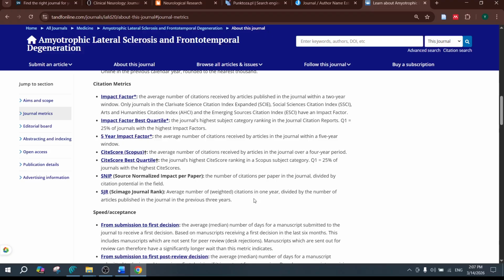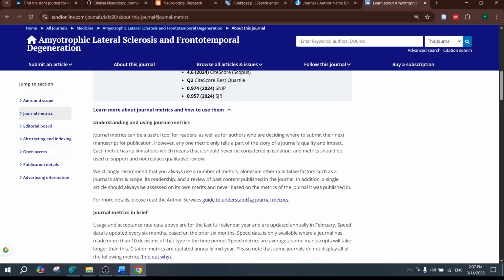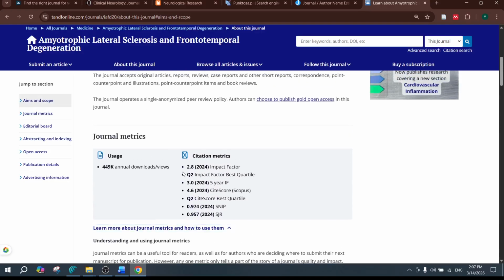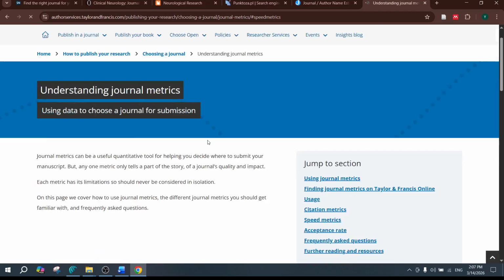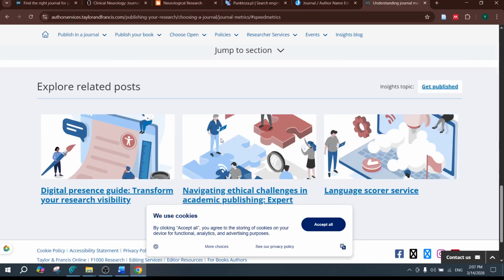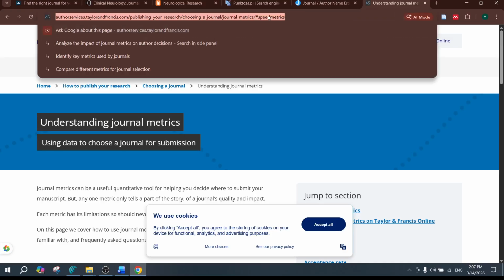It's not reported here, right? It's not reported. I cannot see it. Still, let's click on this and see it. Anyway, they didn't report that here, but this journal responds not late, maybe in a range of a week.